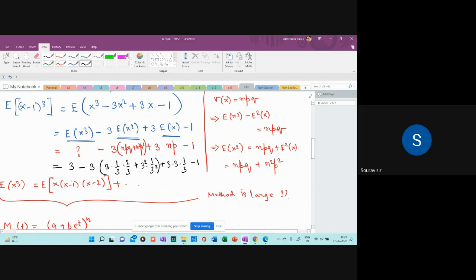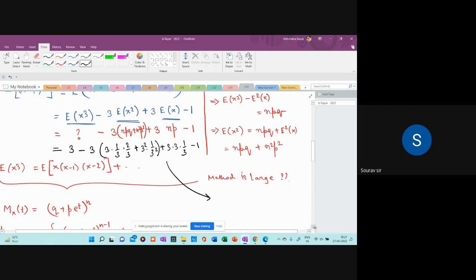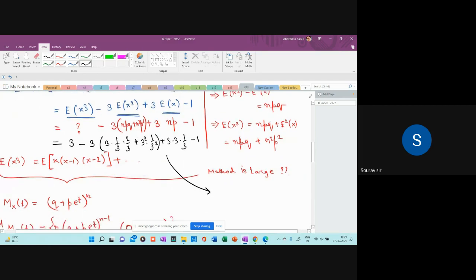Closes over here. So let's simplify this. The 3 will cancel out, this 3 square will cancel out, and this 3 will cancel out. We will be left with 3 minus 3 into 2 by 3 plus 1 plus 3 minus 1.